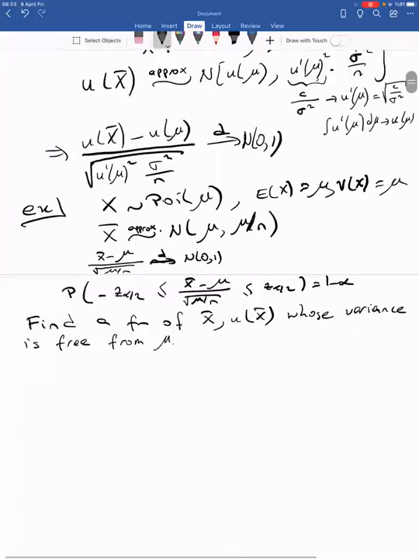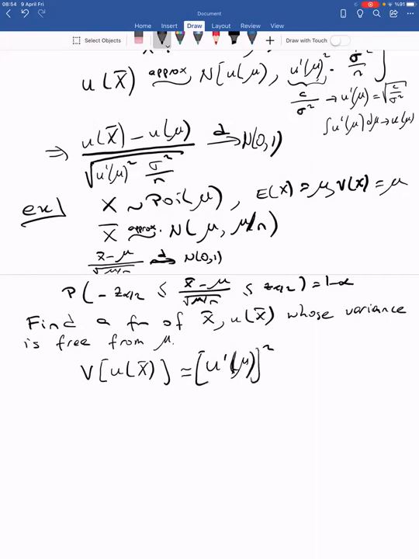Let's focus on the variance part. We know that the variance of this transformed function is approximated by u prime of mu, whole squared, times the variance of x bar. We want this independent of mu. How can we do that? When we look at the form here, we have mu over n.